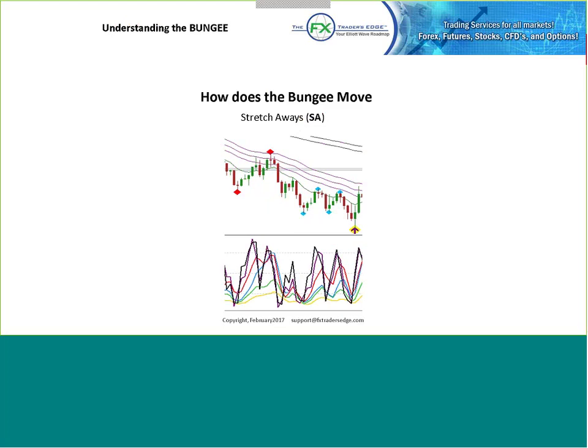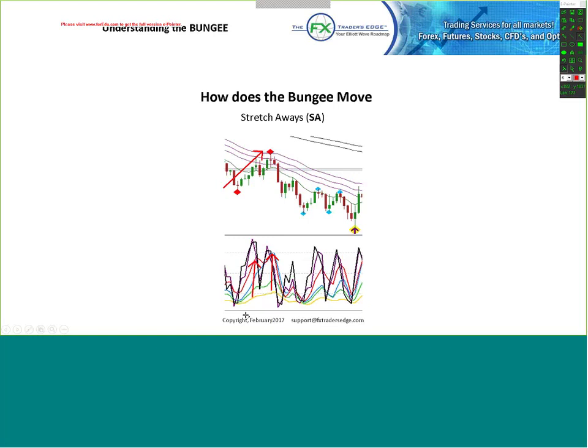So, having looked at normal order, let us look now at stretchaways. Here is a return to the wave of price, and you can see that the red and the blue, certainly the black and the purple, have been pulled by this move up, been pulled by price away from the green and the yellow.